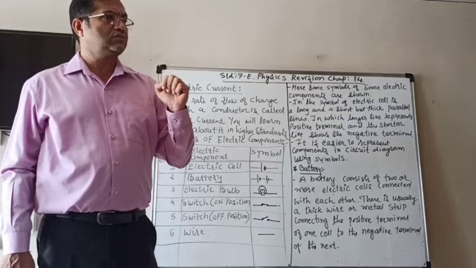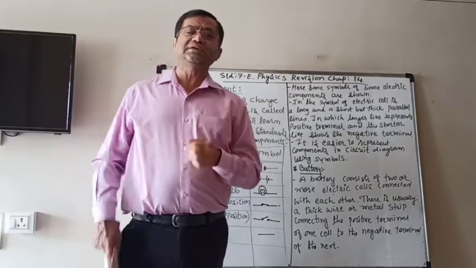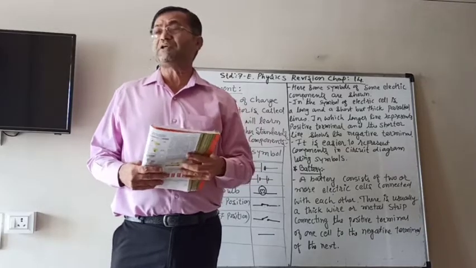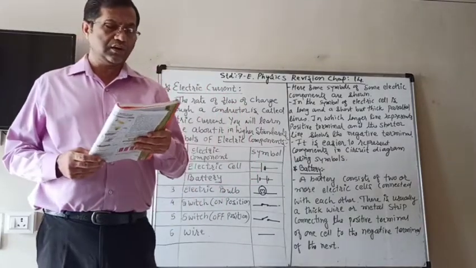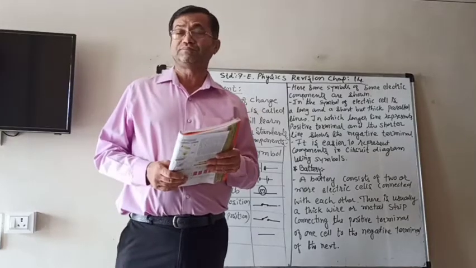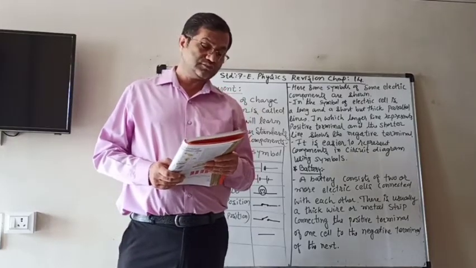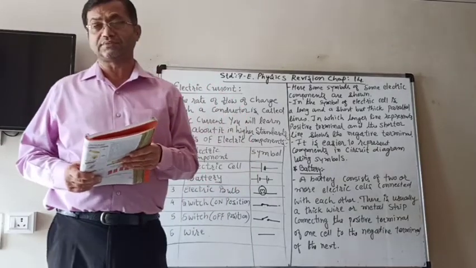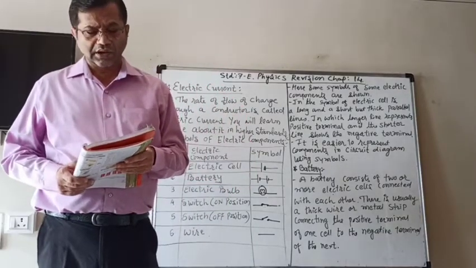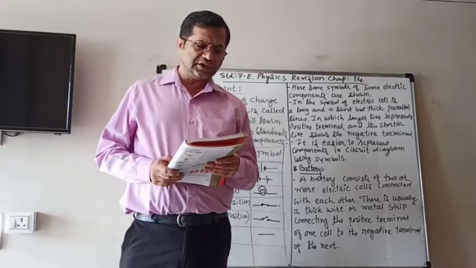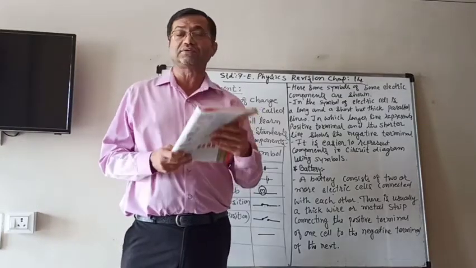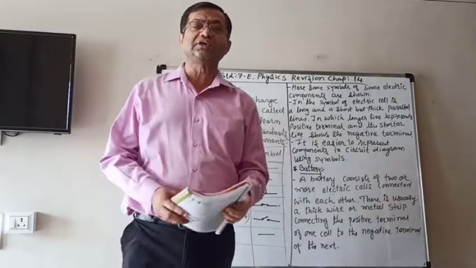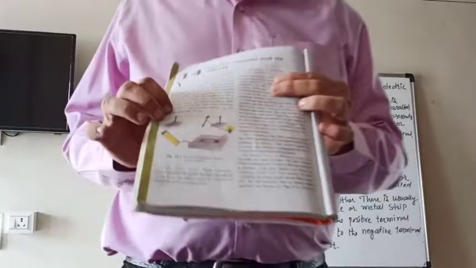Now, in standard 6th, chapter number 12, we learned the game of how steady is your hand, in which we have to check a special circuit as shown in this picture.